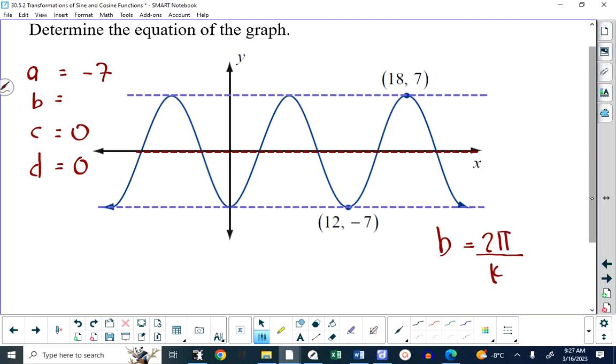I'm not asking you to find B, I'm asking you to find the period, which is how far horizontally does it take to go through one complete cycle. Patrick, have you got it?